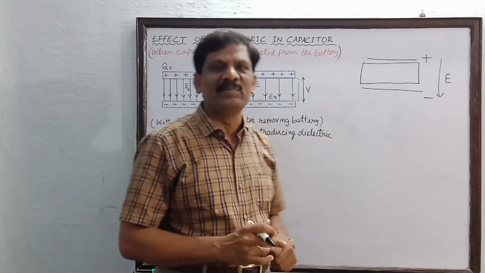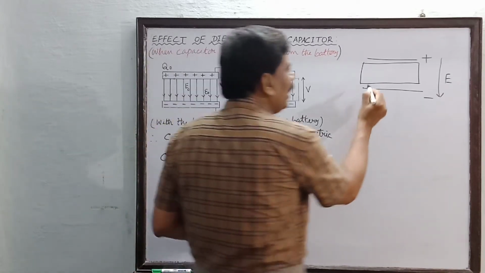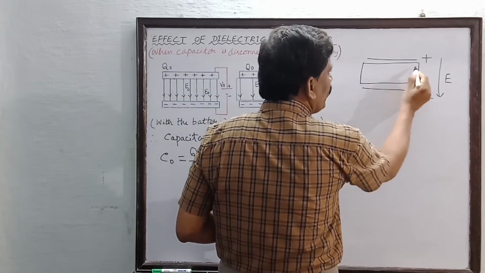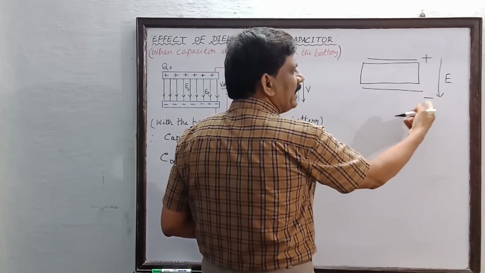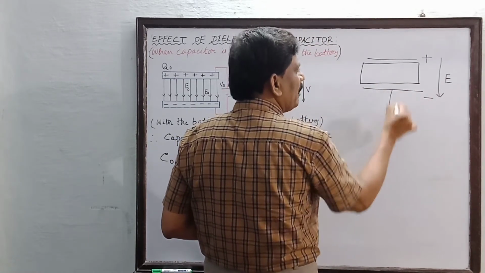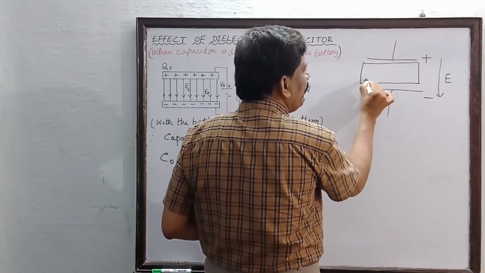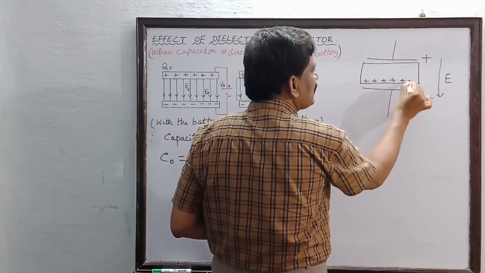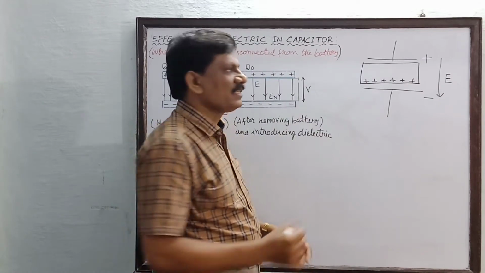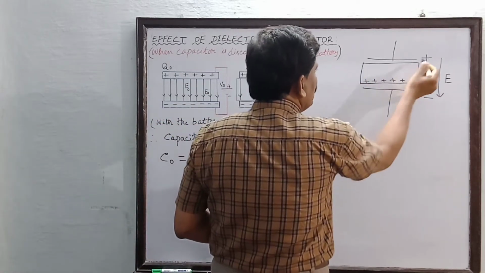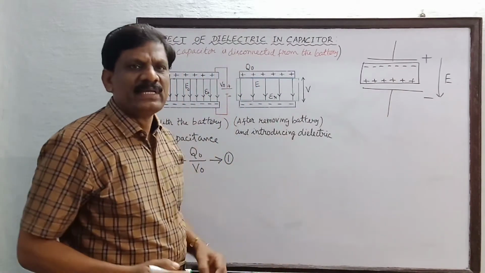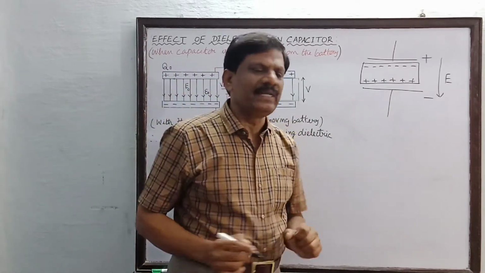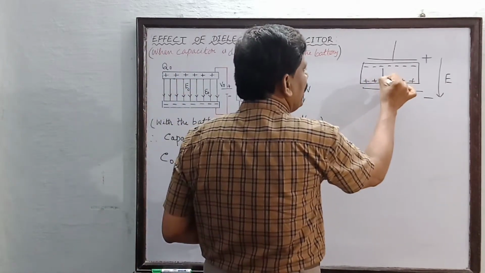Dielectric polarization means there will be induced charges on both faces of the dielectric slab. So suppose here there is the negative plate of the capacitor, then here positive induced charges. These are induced charges. And towards the positive plate, negative charges.